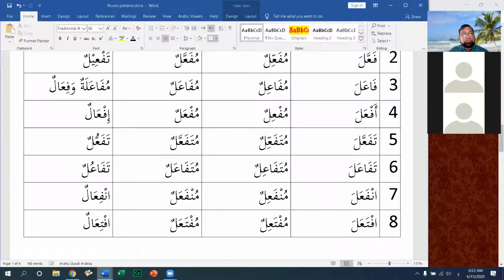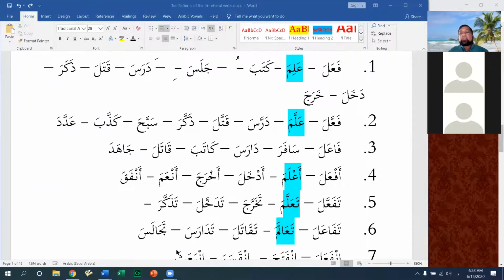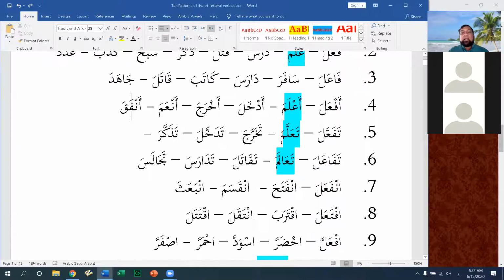So if we were to use that in an example, we say ta'allama, which means to study. Ism al-fa'il would be what? متعلم. اسم المفعول متعلم. And the masdar is تعلم.